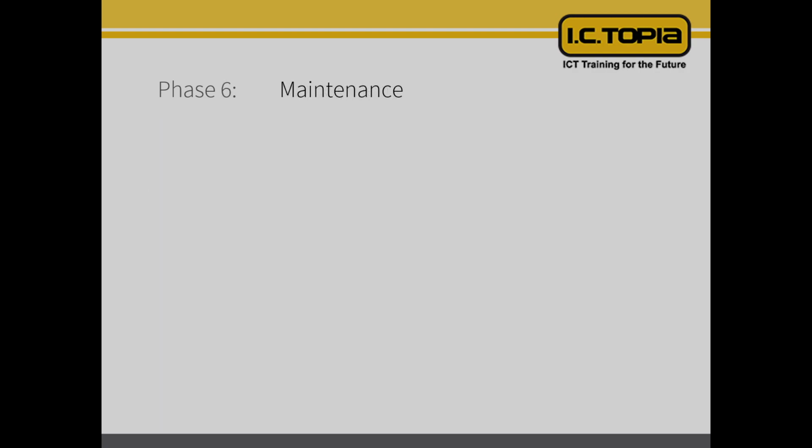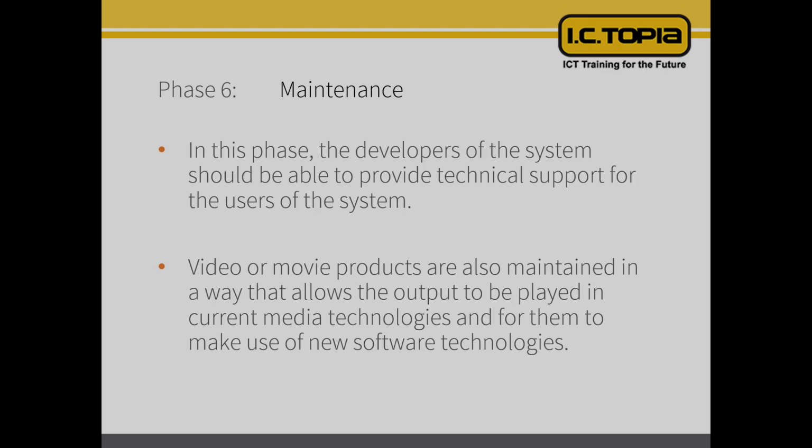Next, we have the maintenance. So, in this phase, the developers of the system should be able to provide technical support for the users of the system. So, video or movie products are also maintained in a way that allows the output to be played in current media technologies and for them to make use of new software technologies. Okay?